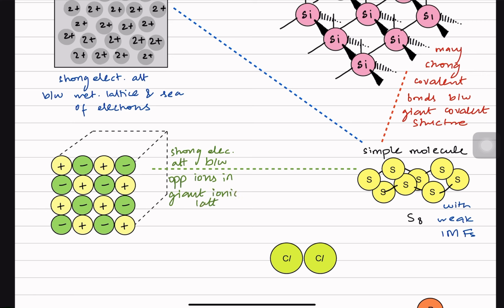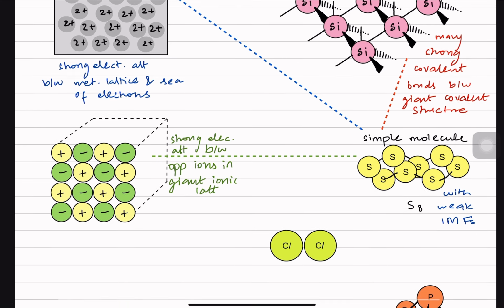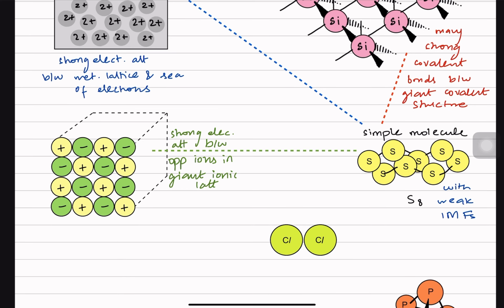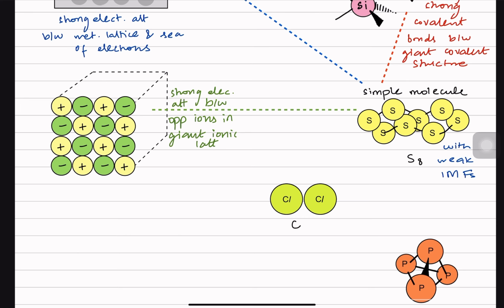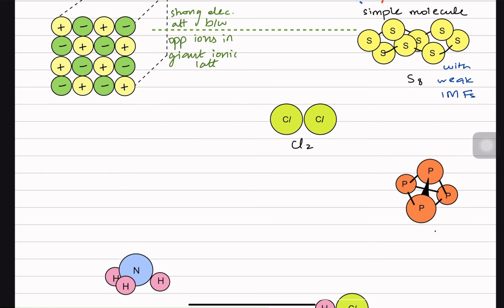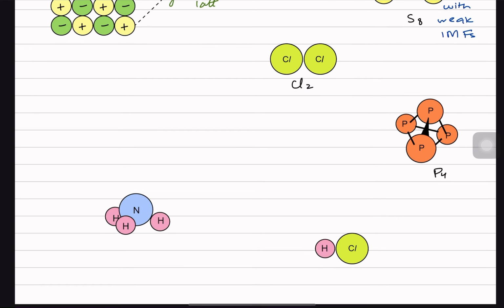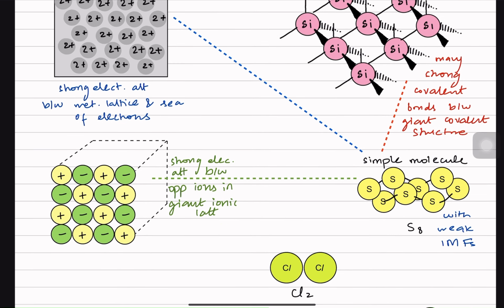And referring to the acid, I would just say it's a simple covalent molecule, a simple molecule with weak intermolecular forces, which are easy to overcome with less heat energy. Whether it's acid or Cl2 or P4 or HCl, these are all simple covalent molecules at the end of the day.